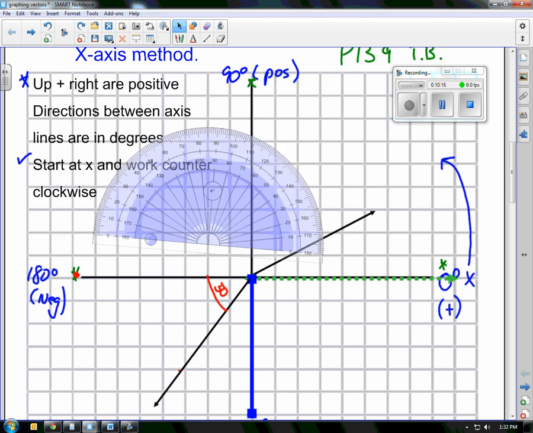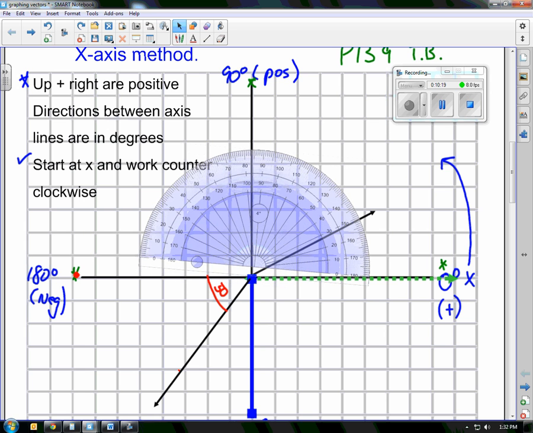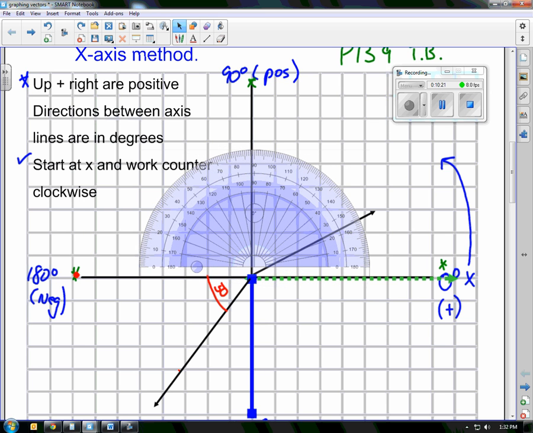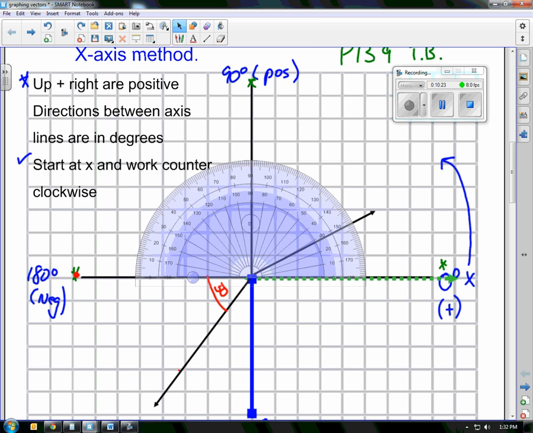So again, we know that we start always at 0 right on the x-axis. So 90 would be that y-axis, and then we would keep on going, right? So 100, 110, 120, 130, we needed 135. So that's going to put us right about there.